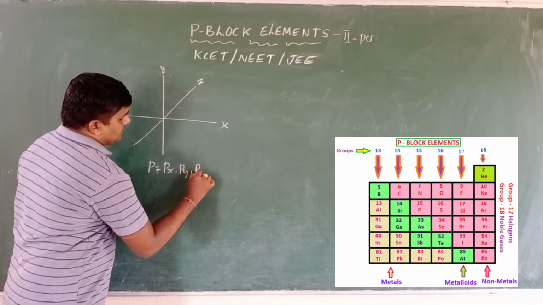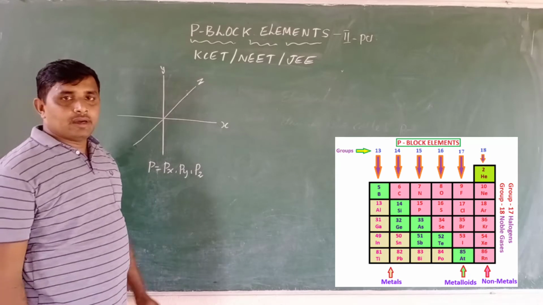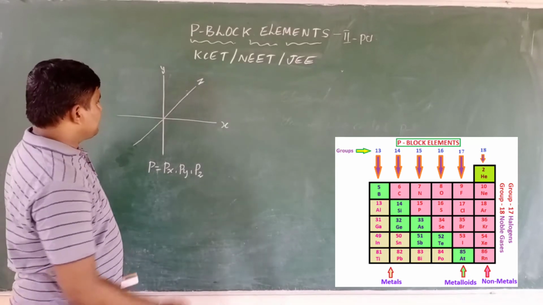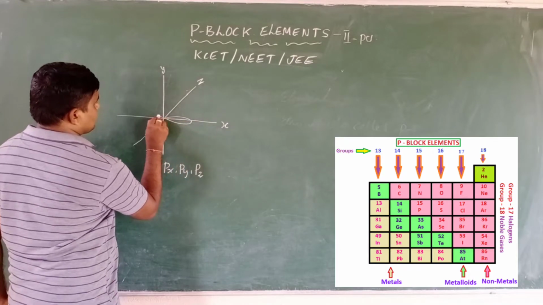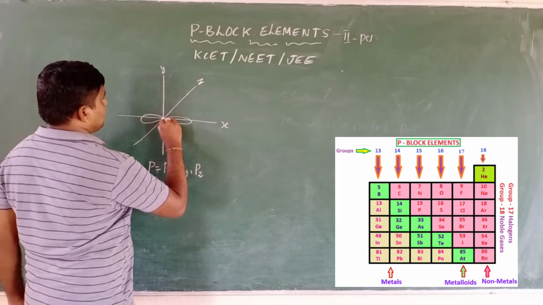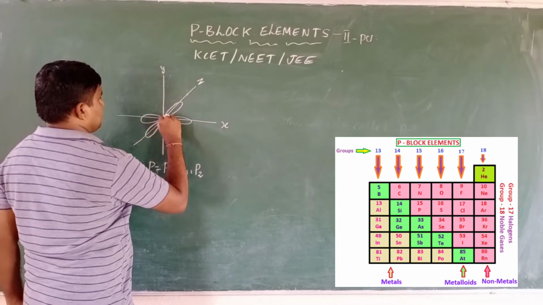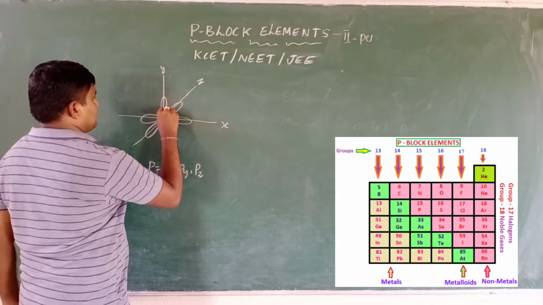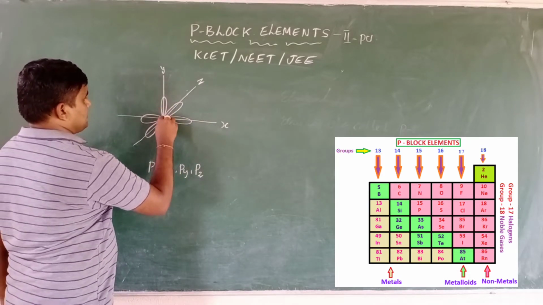Px, py, pz, right? There are 3 orbitals in p orbitals. This is one orbital, this is another orbital, this is another orbital, right?